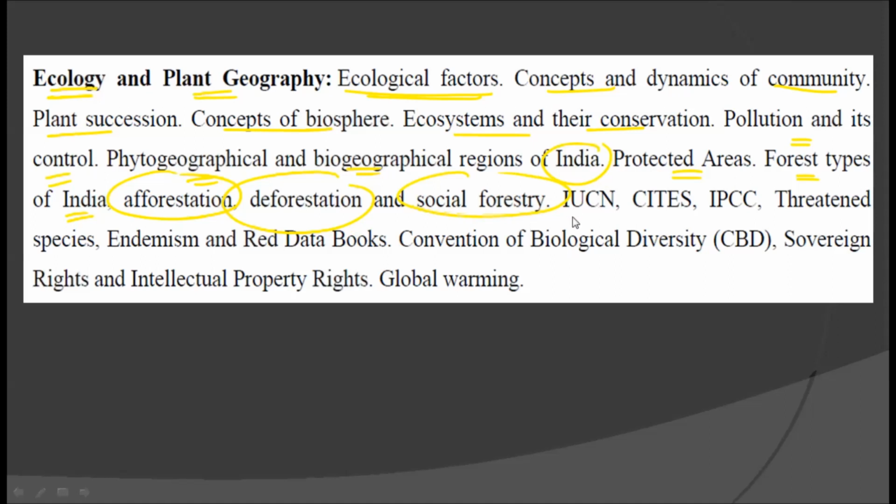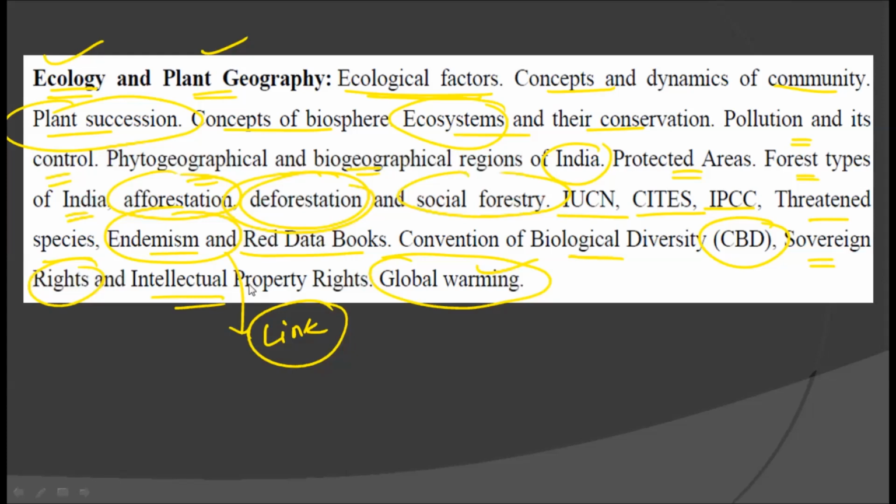Then we have to study the organizations like IUCN, CITES, IPCC, threatened species, endemism, then red data book, then convention on biological diversity, that is CBD, then sovereign rights and intellectual property rights, and at last we have to also focus on global warming.